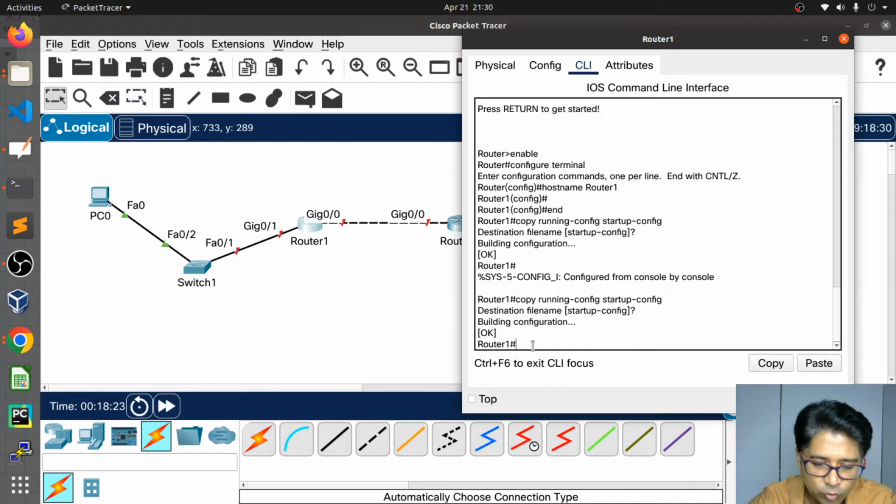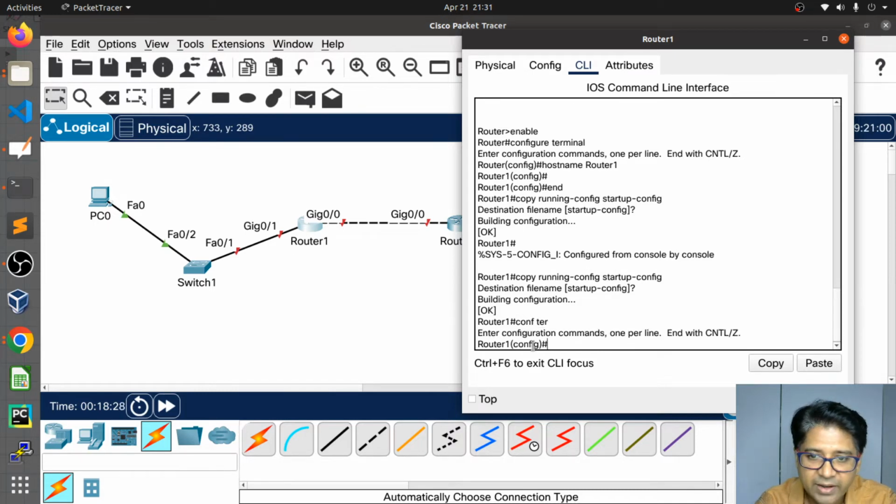I cannot see the screen. Are you not able to see this? No, sir. Others, guys, are you able to see this screen?